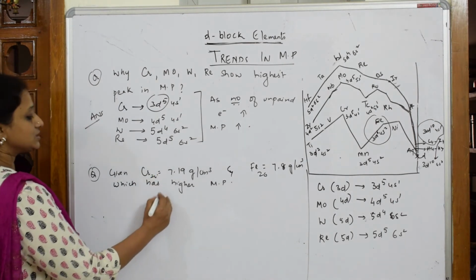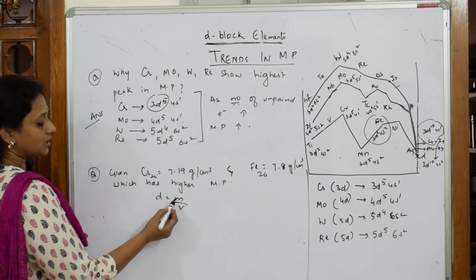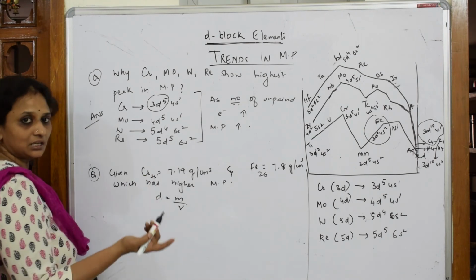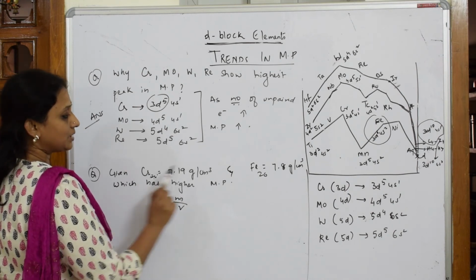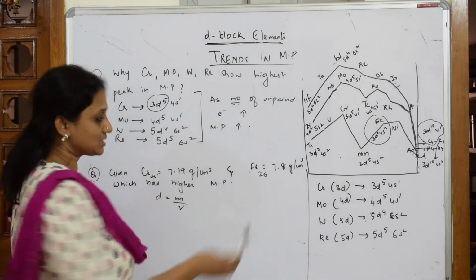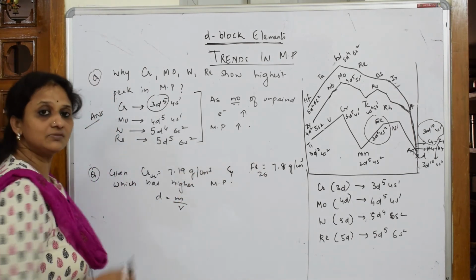We very well know density is equal to mass by volume. Iron has the higher atomic number, so when I compare chromium mass and iron mass, iron will have the higher mass. When the mass is more, obviously the density will be more.